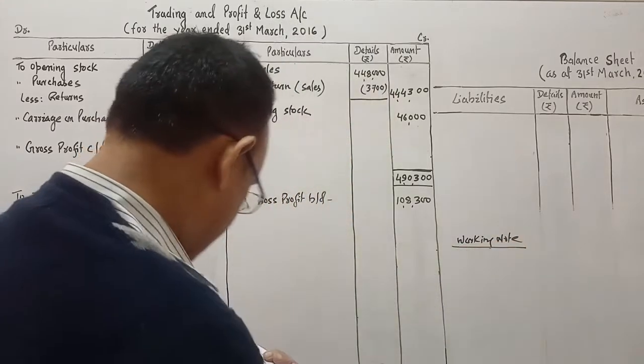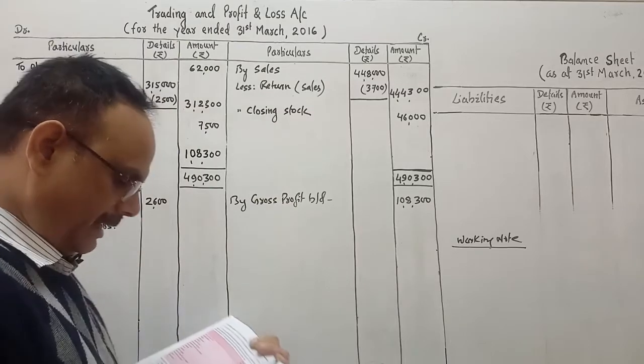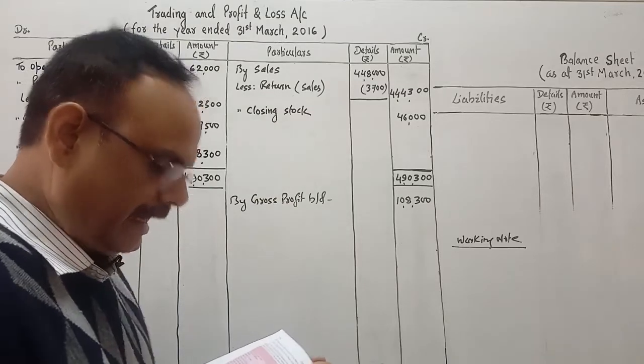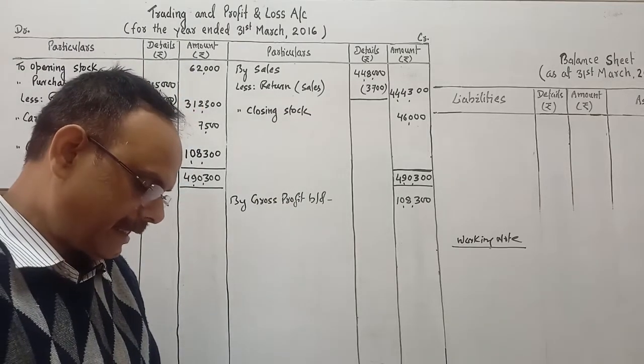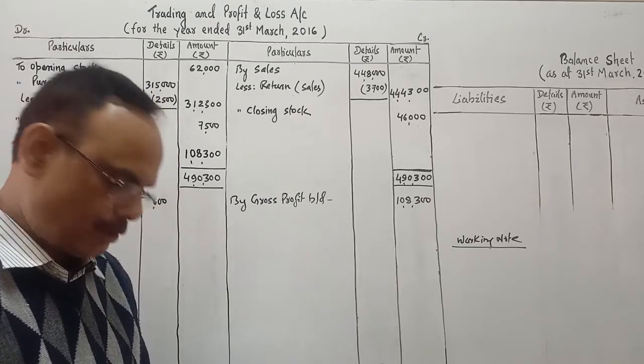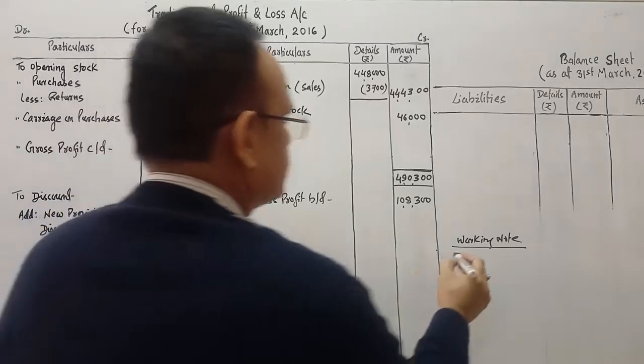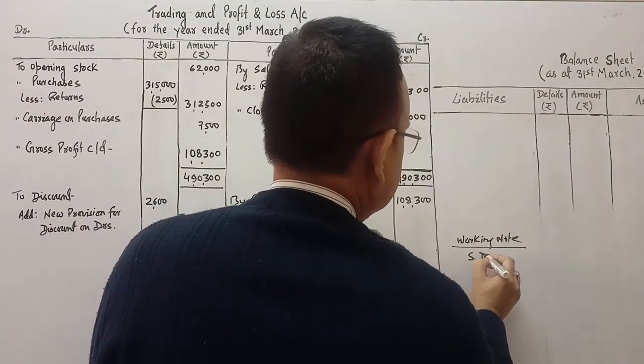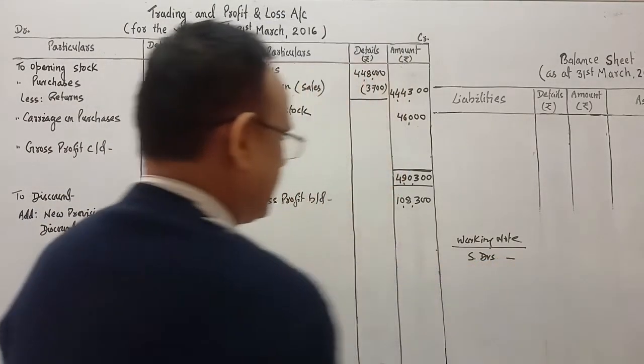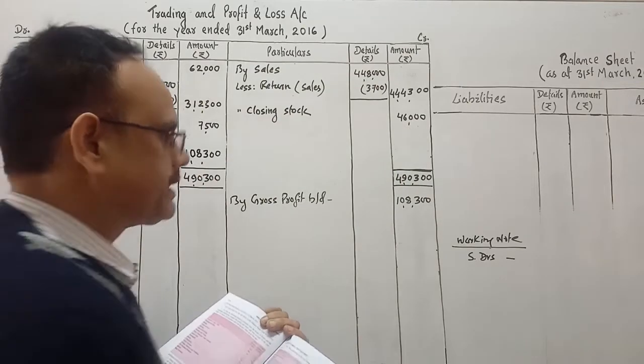So see adjustment number 4: further bad debts is 2000, and create a provision for doubtful debts at the rate of 5% and also provide 2% for discount on debtors. So debtors given in the trial balance is 80,000.